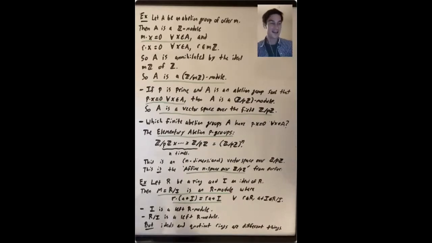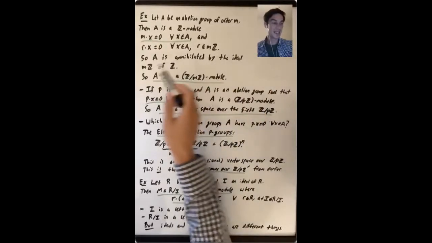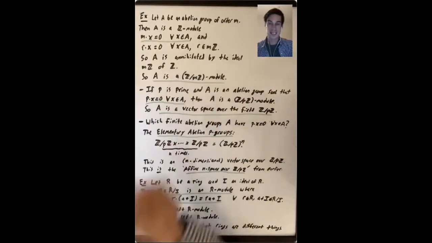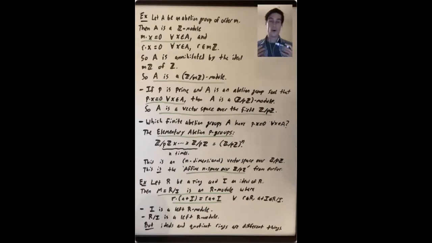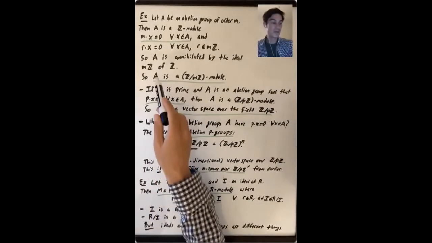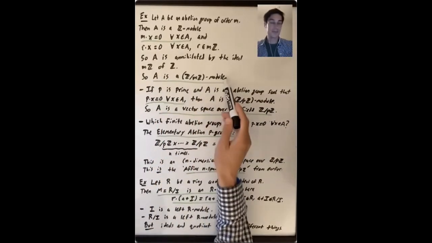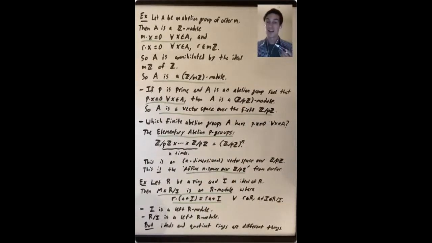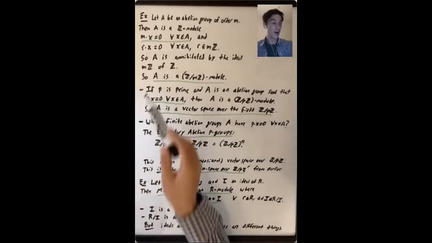So what does that mean? A is annihilated by the ideal MZ of Z. So what we've just talked about shows that A is a Z mod MZ module. Now let's think about the particular case where M is prime.